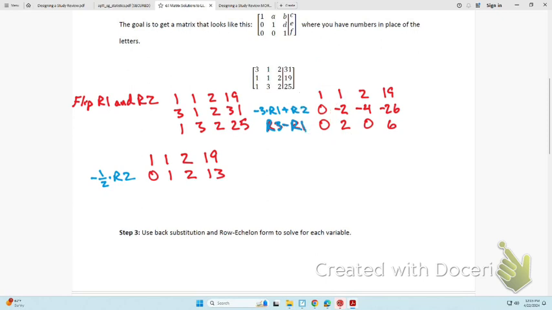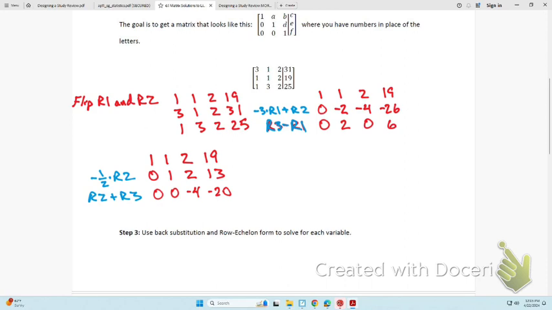And what we want to do is add row 2 and row 3, and we get 0 plus 0, negative 2 plus 2, that was the goal right there, negative 4, and negative 20. And look at that, we are almost done.